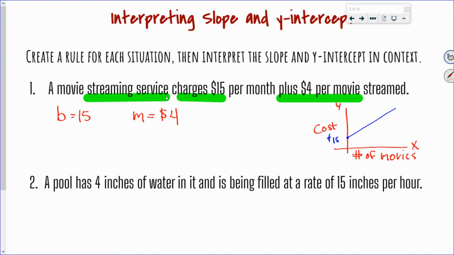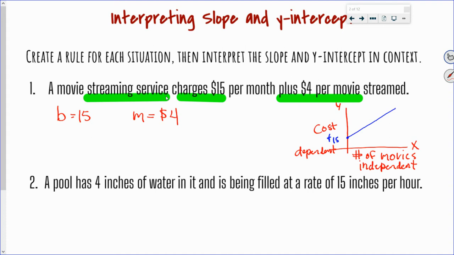And my constant rate of change is how much it's going to change based on the independent variable, and the cost is my dependent variable. In other words, my cost is dependent on how many movies I rent. The more I rent, the more it costs.